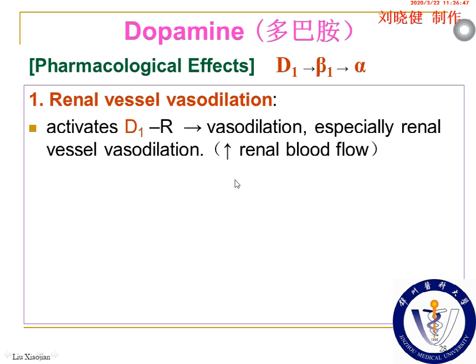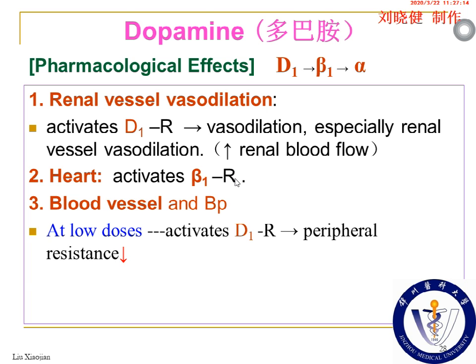So the result is increased renal blood flow. This response is very useful to promote urine production. Heart: because dopamine can directly activate the beta-1 receptor, it has a positive effect on the heart. Increased cardiac output is very useful.